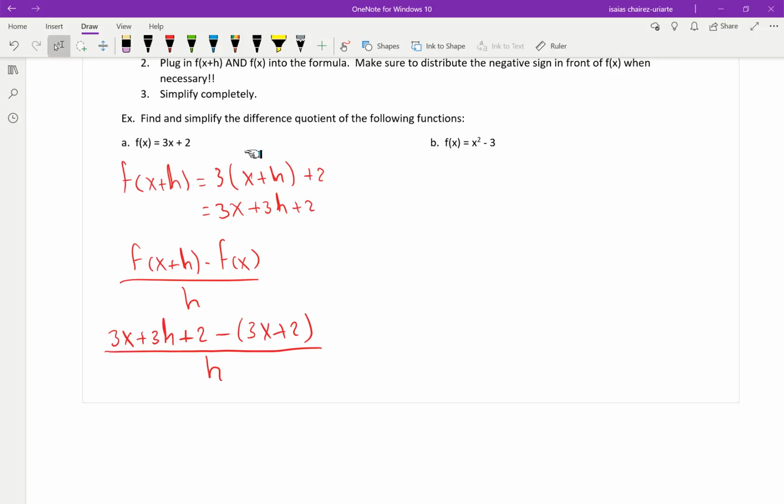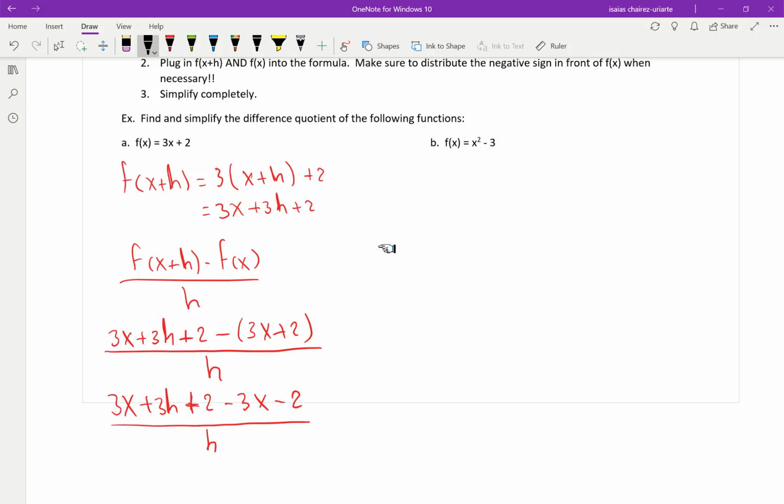Yeah, so at this point I have formed the difference quotient. What's not quite finished yet is the simplification. Now I gotta simplify this. Okay, so I gotta distribute this negative. This negative should apply to this 3x and to this 2. So it looks like this: 3x plus 3h plus 2 minus 3x minus 2, and all of this divided by h.